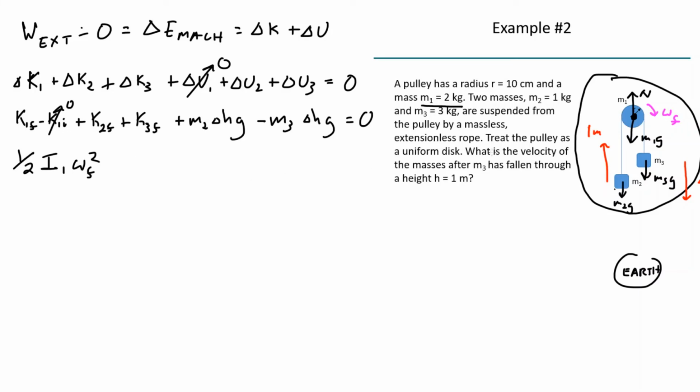M2 is going to be moving up with some velocity, plus 1/2 M2 V final squared. So M2 is going to be moving up at the end with some velocity V final. But M3 is going to be moving down with the same velocity V final at the end. And since kinetic energy is just a scalar, it doesn't matter whether it's moving up or down, so this will be plus 1/2 M3 V final squared.